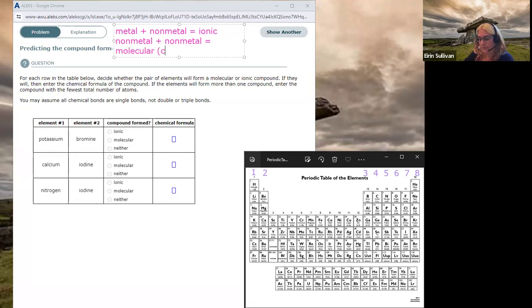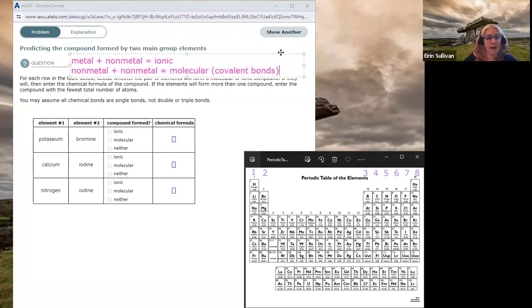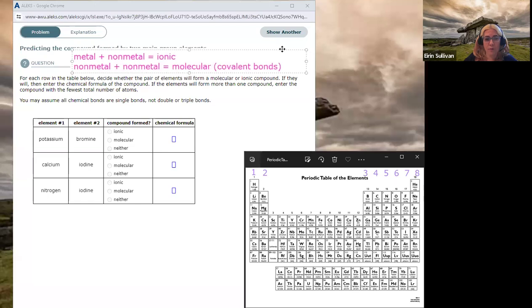Covalent bonds are the sharing ones that we've been dealing with in our Lewis structures. So if you're trying to predict the chemical formula just based on non-metal versus non-metal, it's best to look at the Lewis symbol.